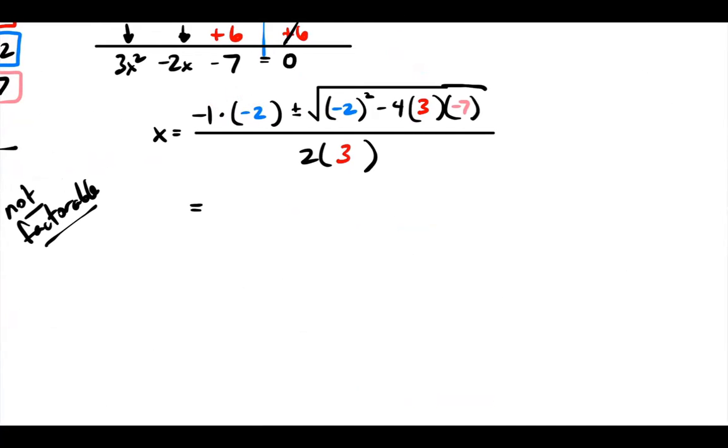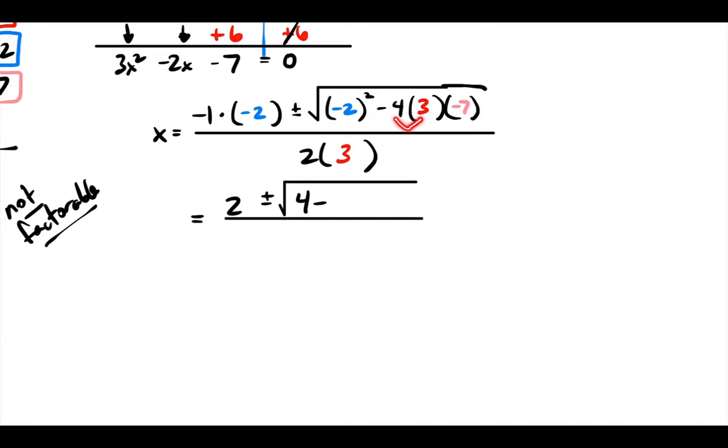Okay, so -1 times -2 is +2, plus or minus -2 times itself, -2 squared. -2 times -2 makes a +4. Okay, minus.